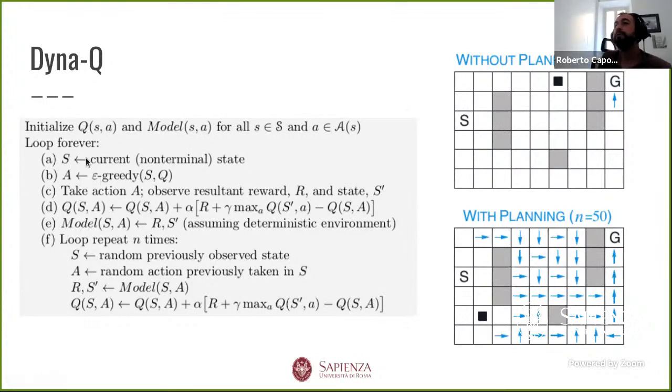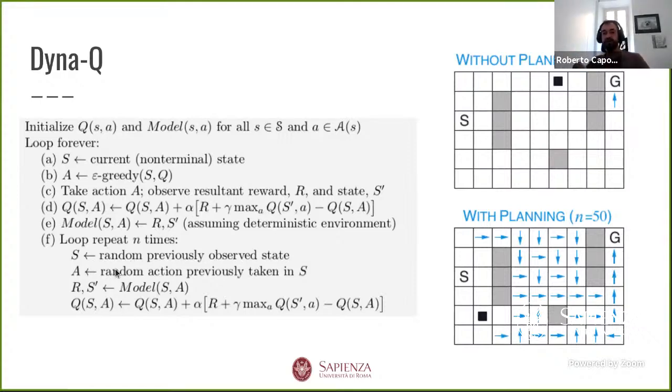So after performing a Q-learning update, we store the reward and the new state in our table, in our model. And then we repeat a certain number of times the following. We sample from this table a state that has been visited.